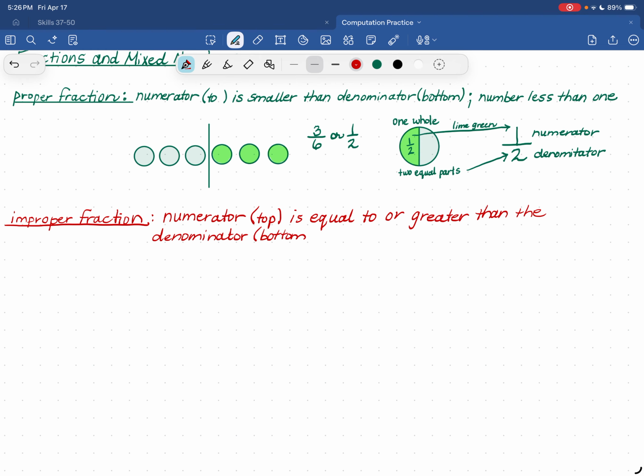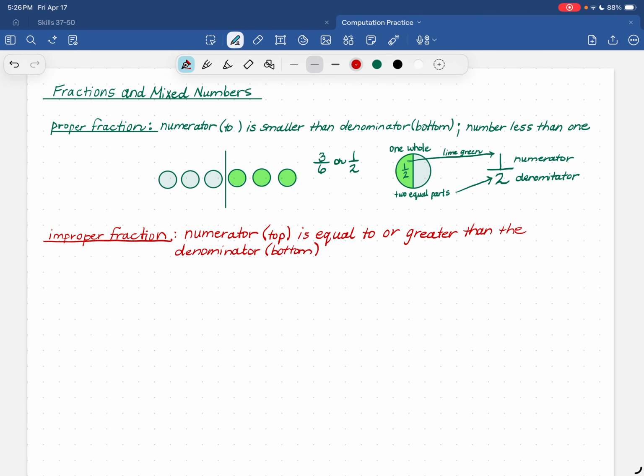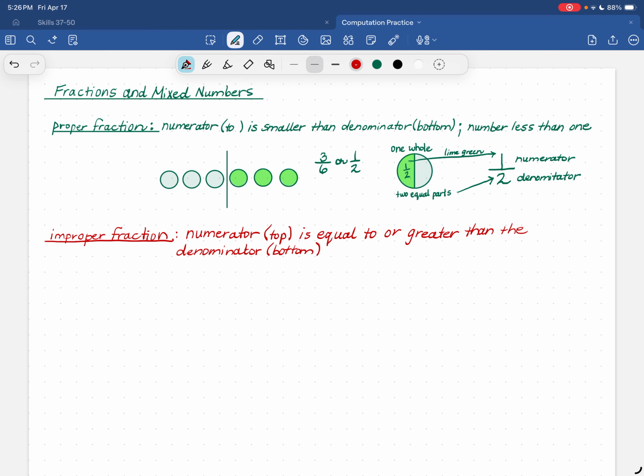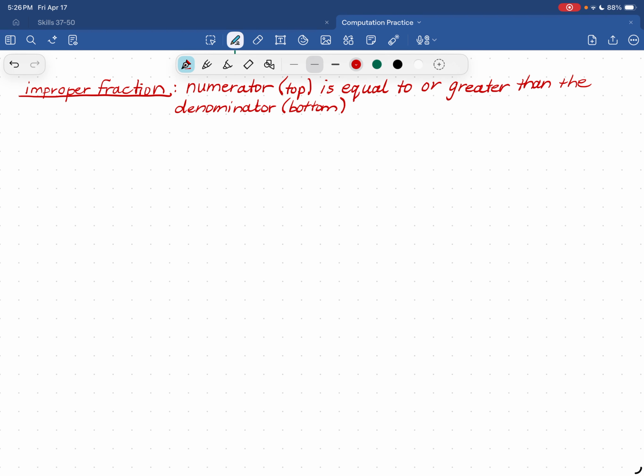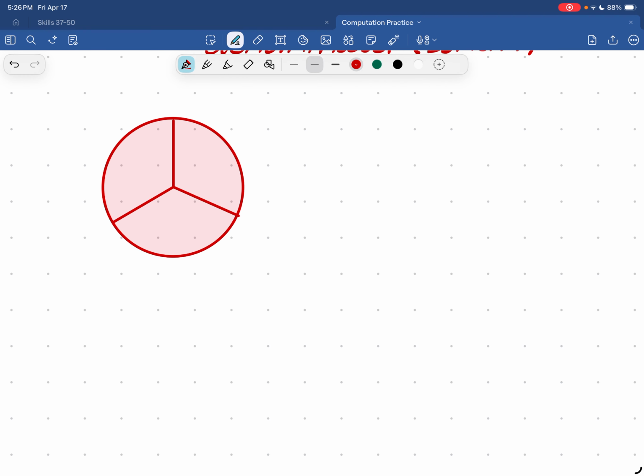An improper fraction is very different than a proper fraction. So let's look at an example. I'm going to use the example they use. I'm going to draw a circle. And I'm going to make the Y shape in this circle. It's upside down, but let's do it. 1, 2, 3. And those should, in theory, be 3 equally sized pieces.